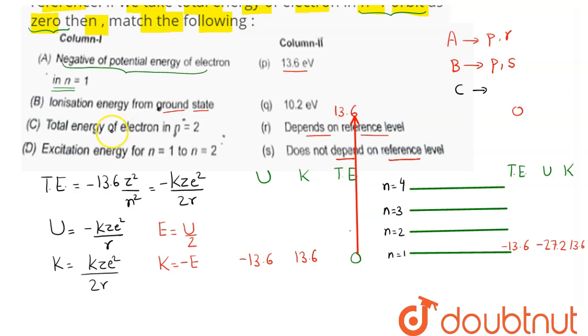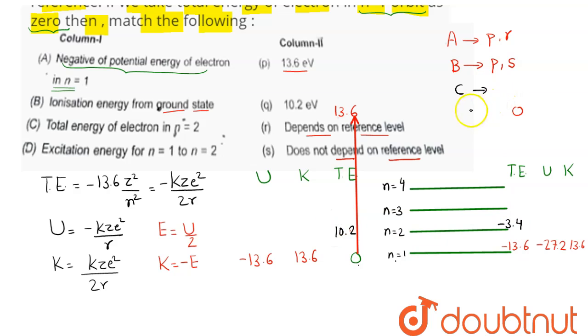Coming to option C, total energy of electron in n equal to 2. We know in the n equal to 2 orbit we have total energy as minus 3.4 electron volt when the reference was at infinity, that is 0. Now if we take the reference as n equal to 1, this 13.6 adds. So 13.6 minus 3.4 becomes 10.2 electron volt.